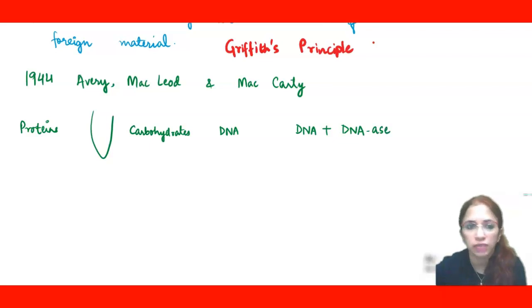As the name itself makes sense, the 'ase' means it would be the name of an enzyme, and this enzyme is going to degrade the DNA.